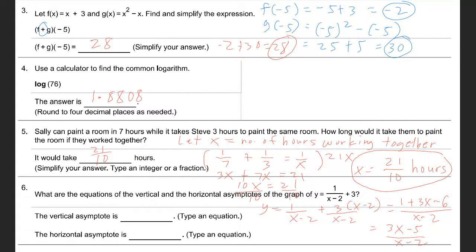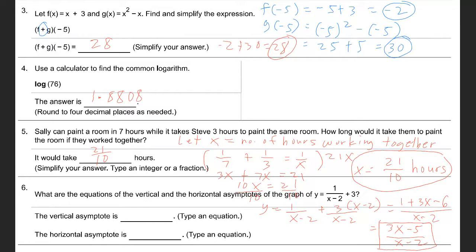So now finding the vertical asymptote, we will look at the bottom term, which is the denominator. In this case, our equation was transformed from two terms into a fraction, like a rational expression, or rational equation.